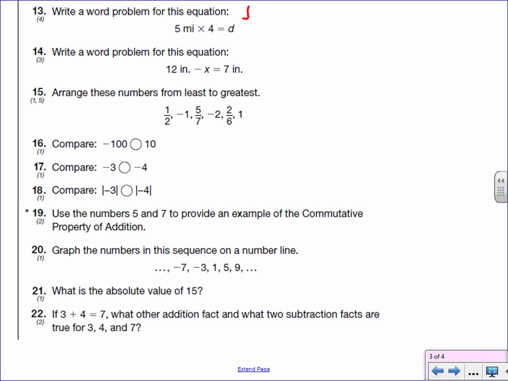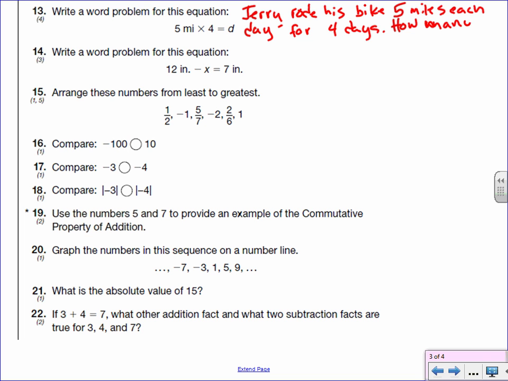So we could say Jerry rode his bike 5 miles each day for 4 days. How many miles did he ride total? And again, try to make up your own word problem. There's many different problems that could be written based on this information.